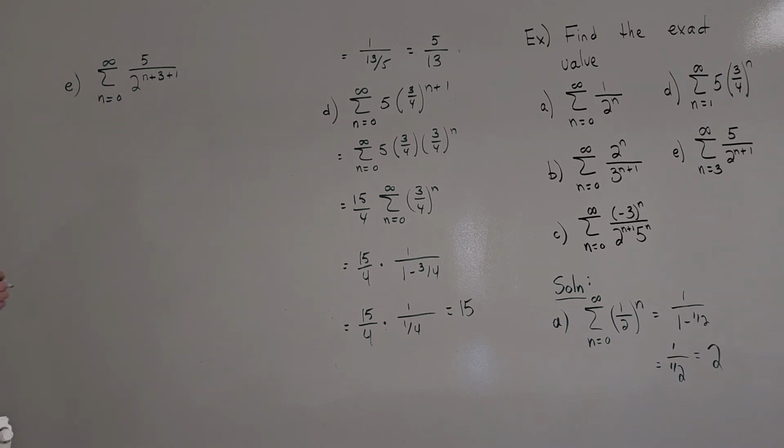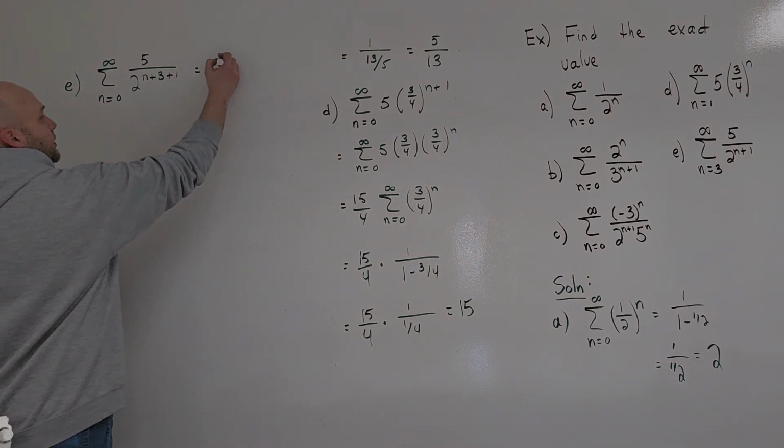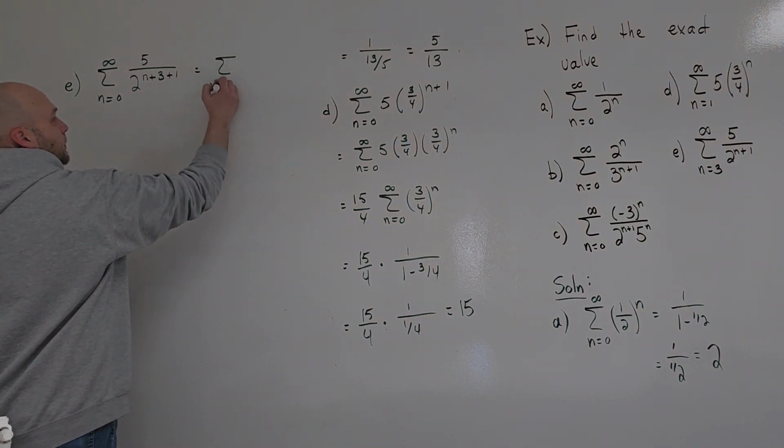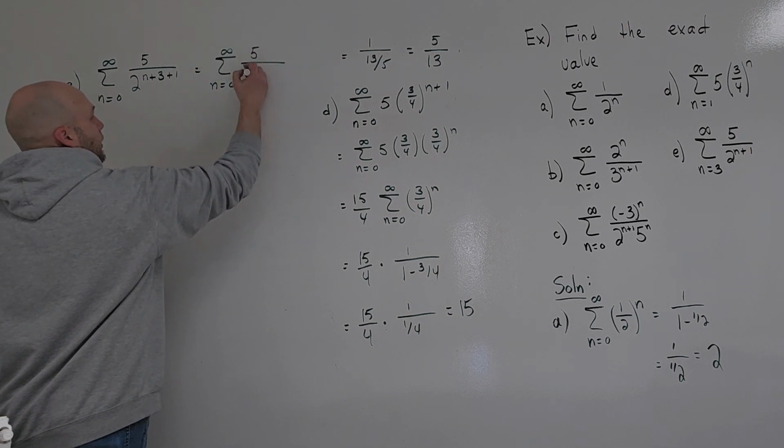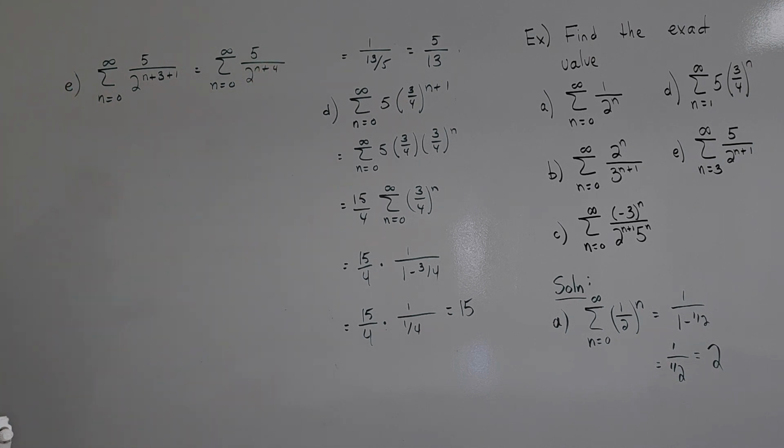Okay? And then what I'll do is I'll rewrite this as the sum n equals 0 to infinity of 5 over 2 to the n plus 4. And then I can pull off a factor of 2 to the 4th in the denominator, so 1 over 2 to the 4th.